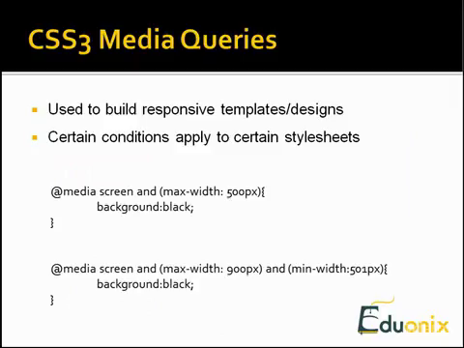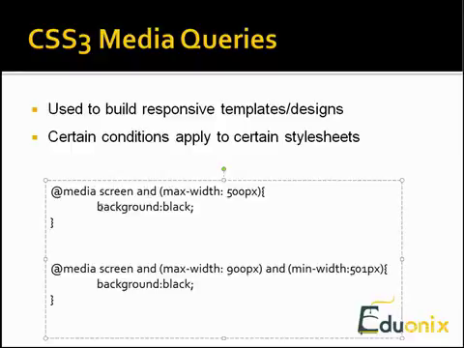So next we have media queries, which allow us to have dynamic responsive templates or designs, because we can actually set certain CSS properties for certain screen types. So we can check if the user is on a desktop that is maybe above 1,000 pixels, or we could check if they're on a mobile device that is maybe more like 400 pixels.